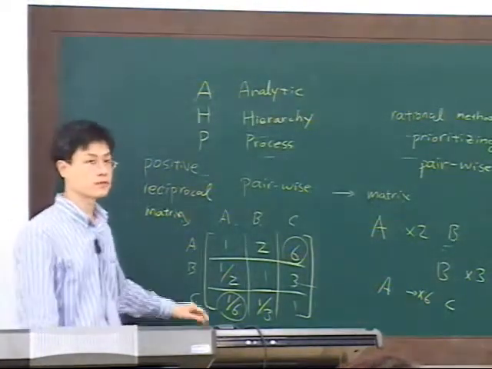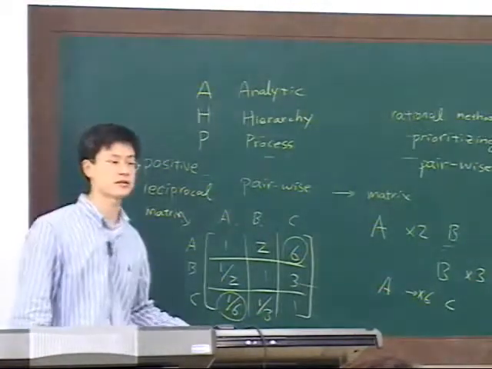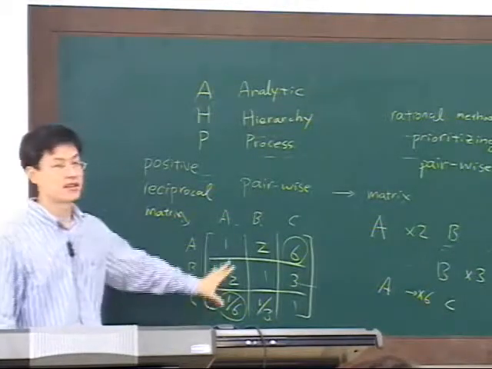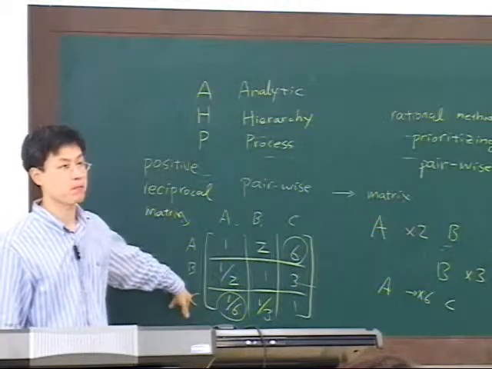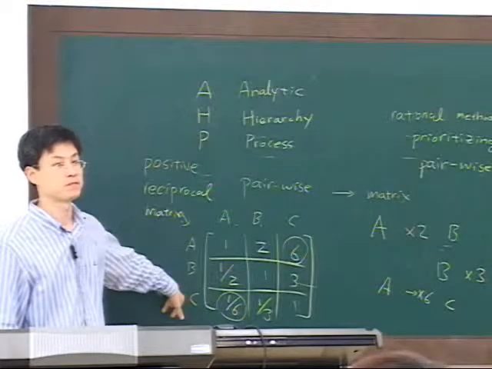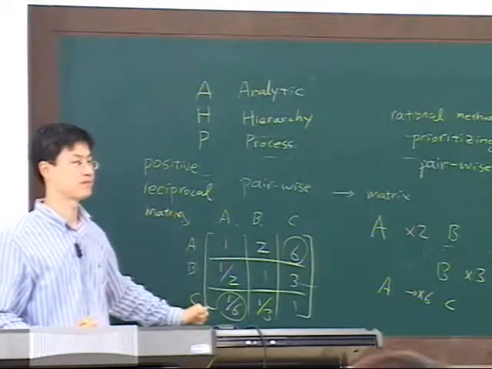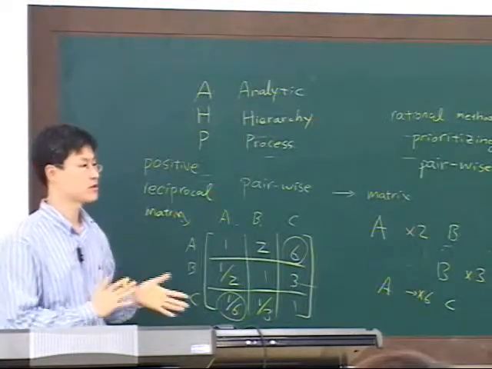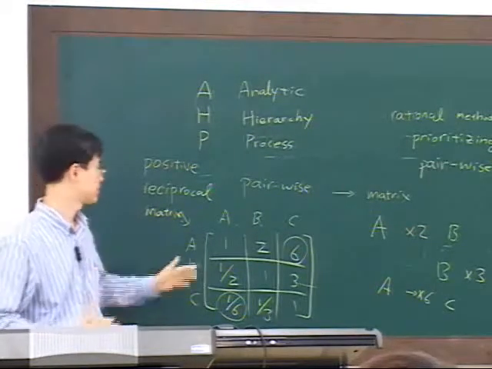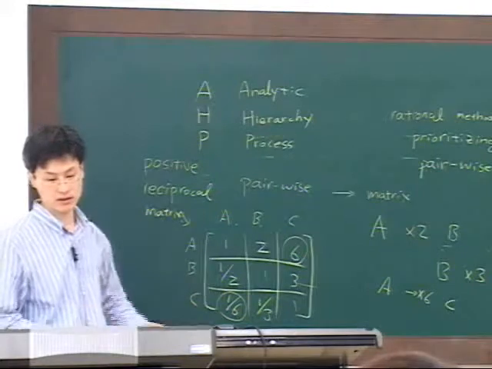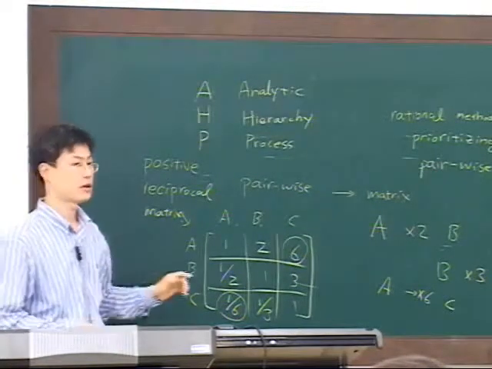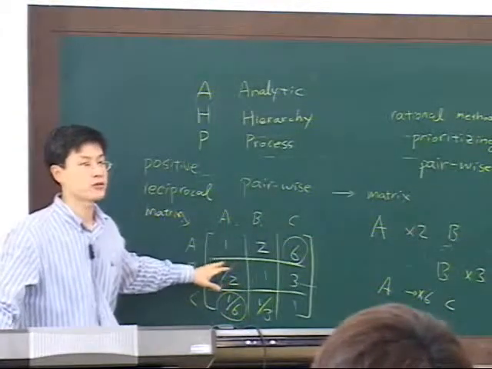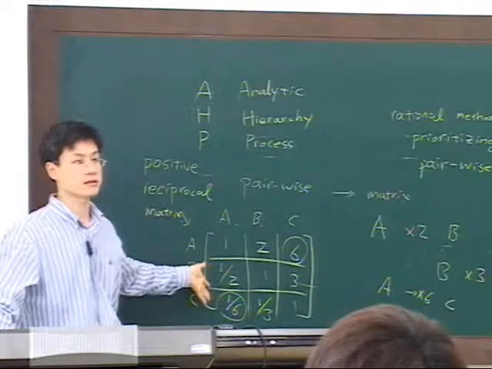Okay, another question. If you guys are not participating in this discussion, I'm going to keep asking questions. What's the rank of this matrix? Or what's the order of this matrix? Okay, this is a 3 by 3 matrix, and how many eigenvalues can you get by eigenvalue analysis?